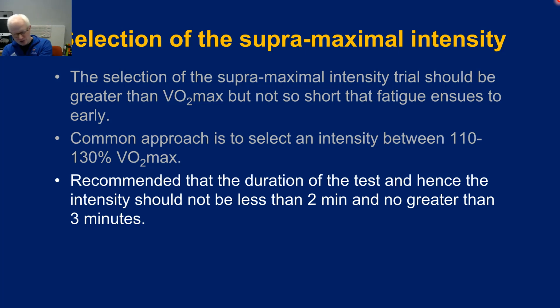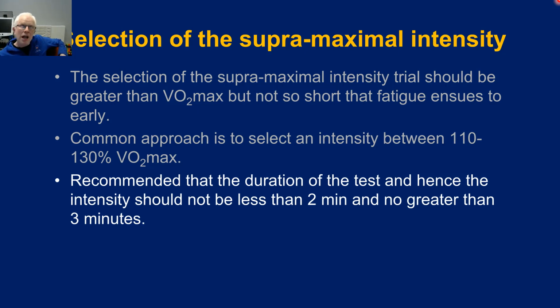And there are 2 reasons for this. This isn't about time limiting it, so this is still conforming to the green definition. But the reason is, if it's less than 2 minutes, the rationale is that you probably haven't taxed the anaerobic capacity enough. Think back to the Gaston charts that we showed earlier. Even at 2 minutes, we said there was still a relatively large anaerobic contribution, even if you went for 2.5 minutes.